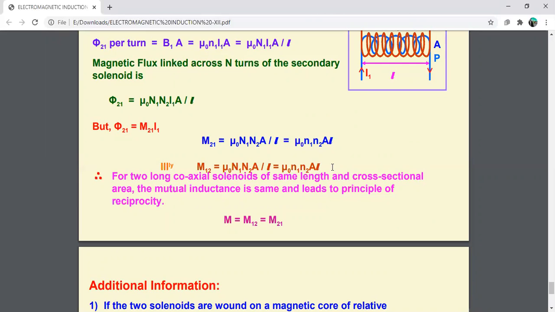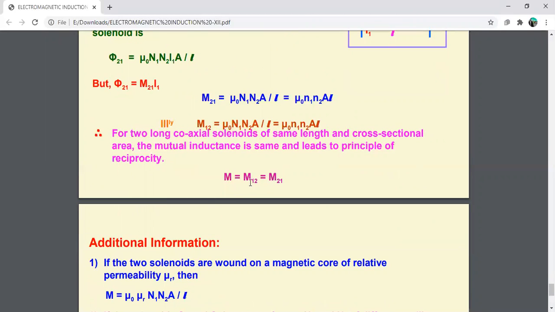And hence it is equal to mu naught N1 N2 A into L. So for two long coaxial solenoids of the same length and same area of cross section, the mutual inductance is the same, and this leads to the principle of reciprocity. That is M equal to M12.